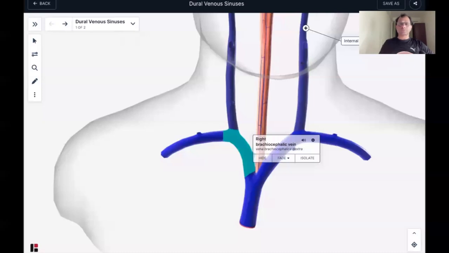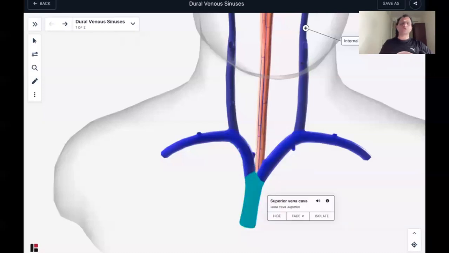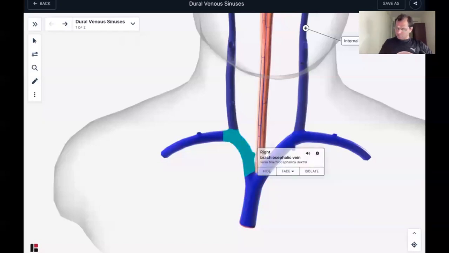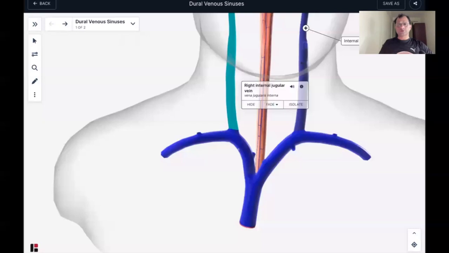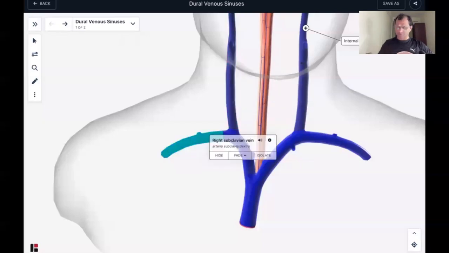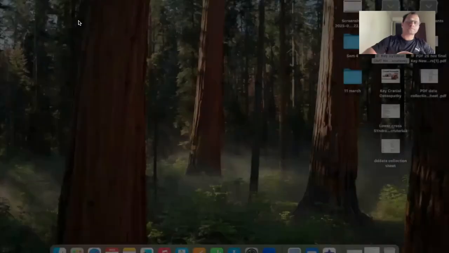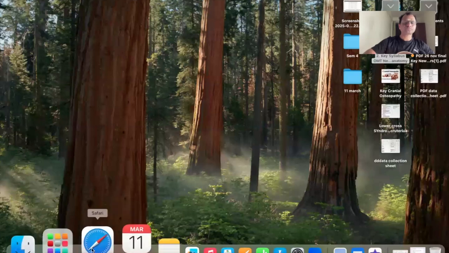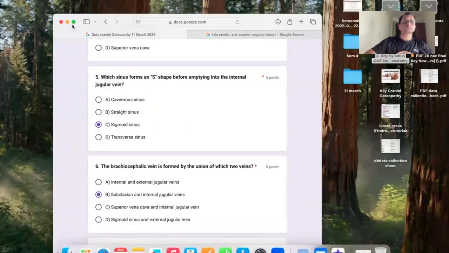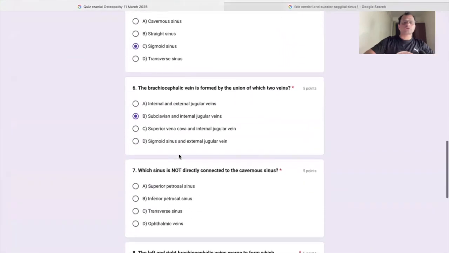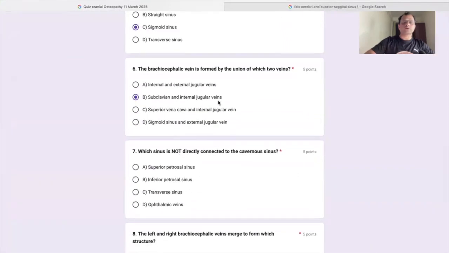Then this brachiocephalic vein goes into the superior vena cava. So my question was, who forms this brachiocephalic vein? The answer is the internal jugular vein coming from the brain and the subclavian vein. So the answer will be subclavian vein and internal jugular vein.